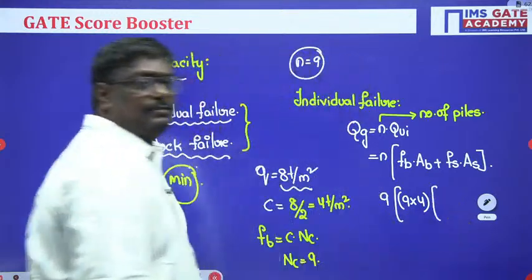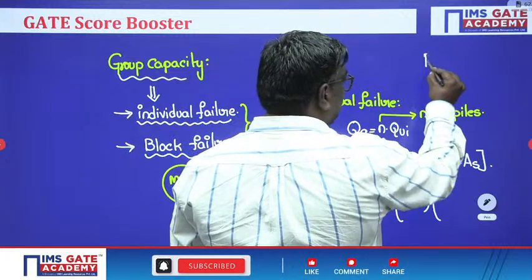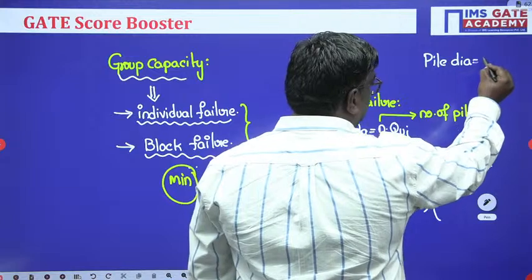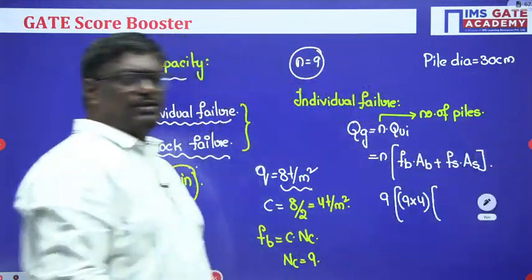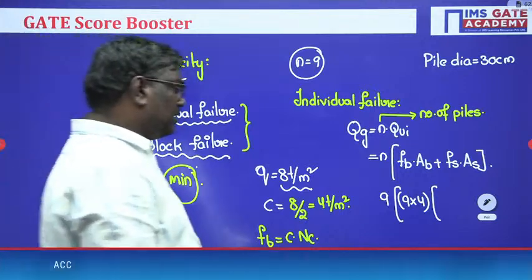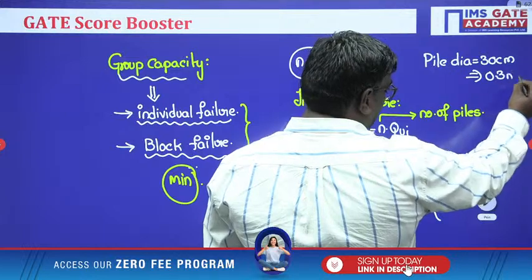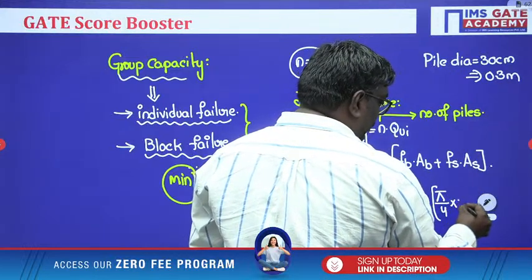Area at base: if the pile diameter is given as 30 centimeter, we have to convert this into meters, so it is 0.3 meter. So area at base is equal to pi by 4 into 0.3 square.